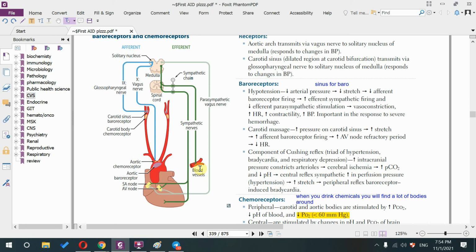So why do we learn it? Because if you give a medication that is a muscarinic agonist, it will affect the M3, and that leads to vasodilatation. If you give an antagonist to it, it leads to vasoconstriction. So be careful with it.